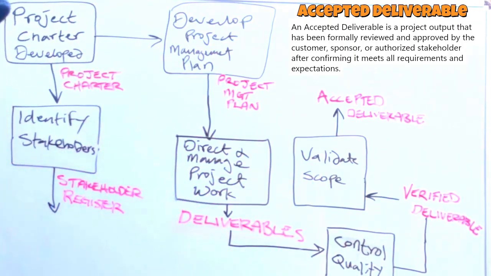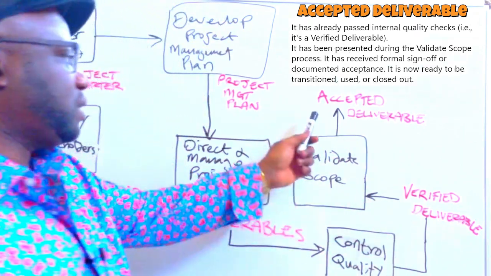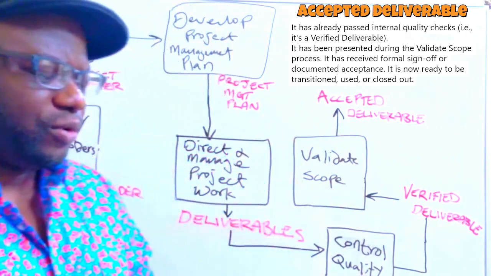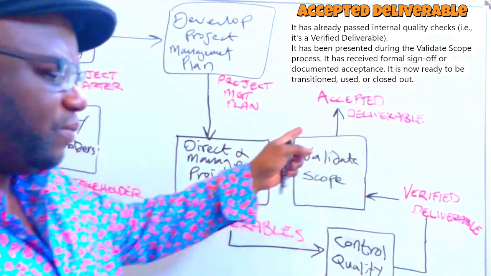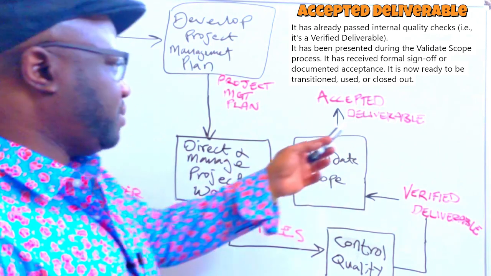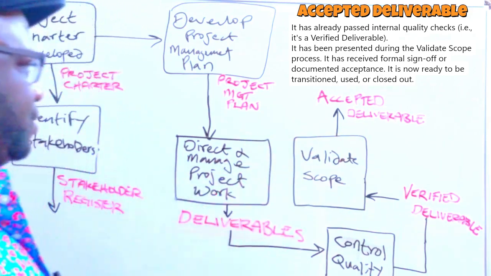An accepted deliverable. Now at this point, the accepted deliverable is a stamp of approval on a deliverable acceptance form that says what we did is good to go. Customer has agreed, customer has approved this.